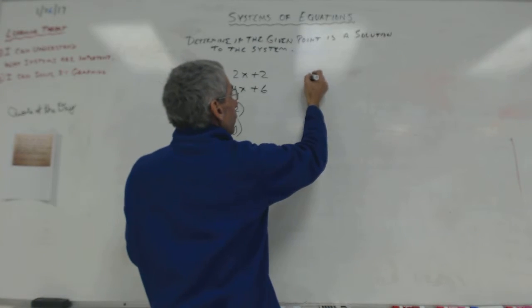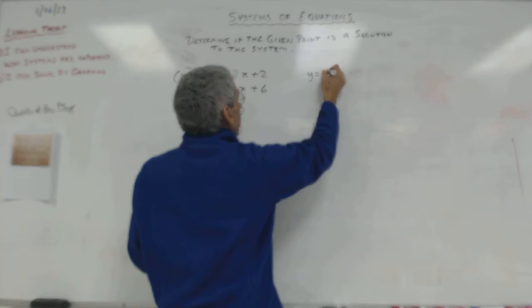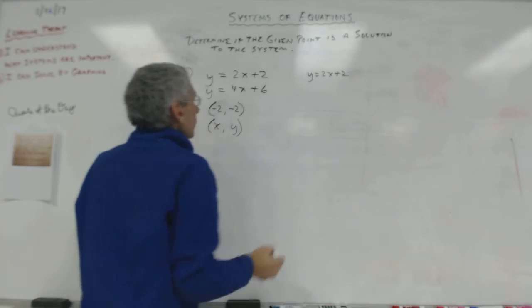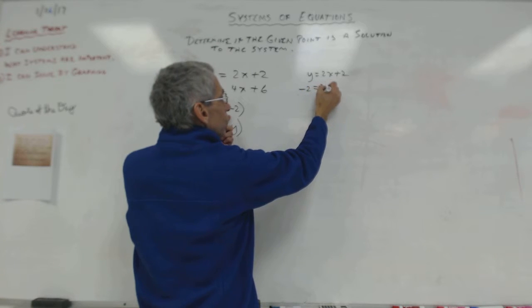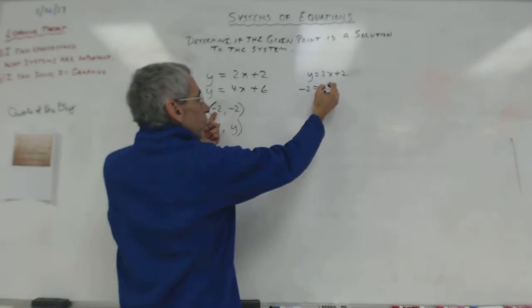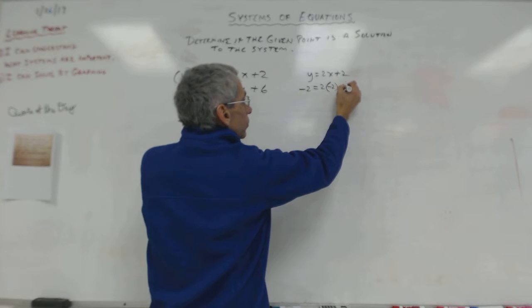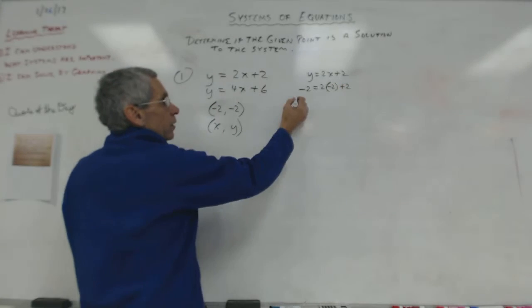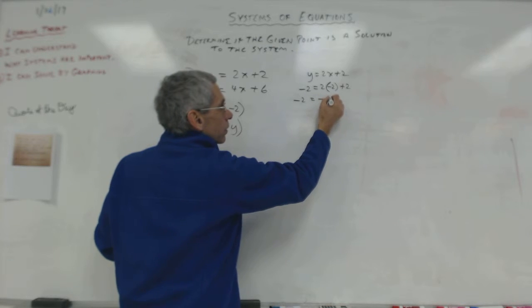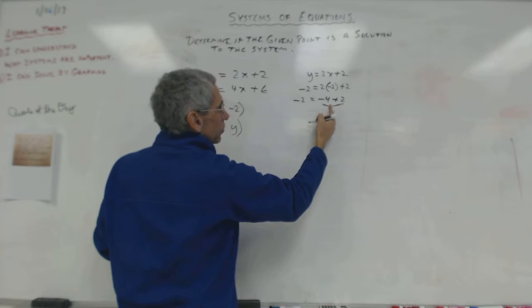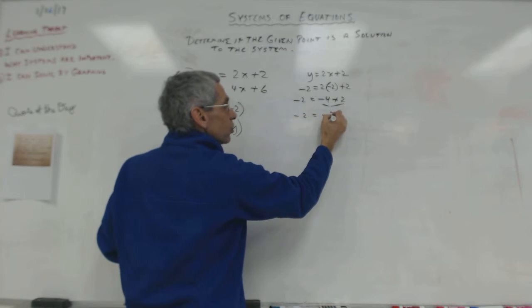So I'm first going to start with the first one. y equals 2x plus 2. And y is -2, so I put -2 equals 2 times x, which is -2, plus 2. Right? So I have -2 is equal to -4 plus 2. Well, -4 plus 2 is -2. -2 is equal to -2.